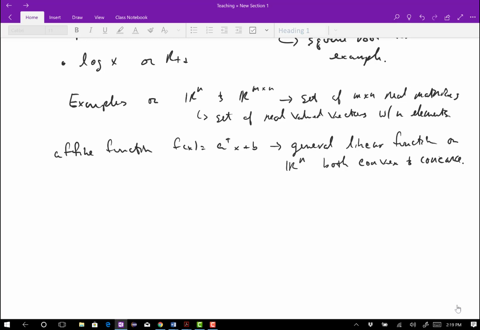And in fact, it's straddling the border between convexity and concavity. The affine function. Also norms. So we talked about norms before. So the p norm of x. And I'm not sure if I gave you this general formula before, but the general formula for a norm is the sum, i ranging from 1 to n, of the absolute value of x sub i to the p, and that whole sum to the 1 over p, and this is for p greater than or equal to 1.